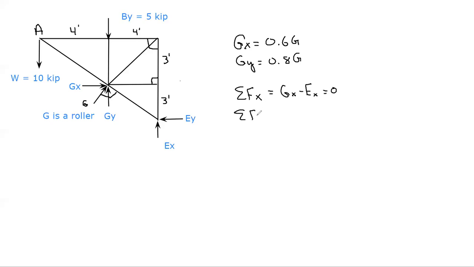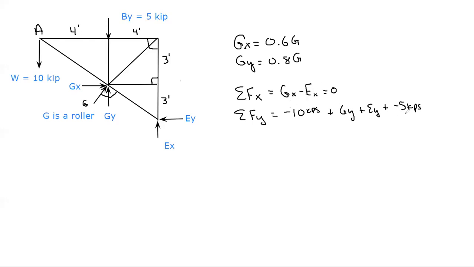Summation of the forces in the y direction: negative 10 kips plus Gy plus Ey plus negative 5 kips. Because negative 5 comes from By, and negative 10 comes from point A, or from W. This would be equal to 0.